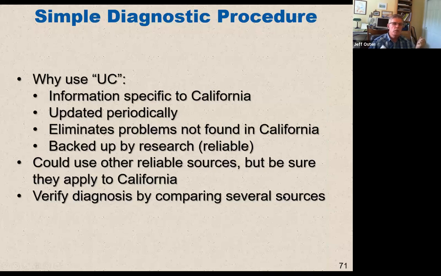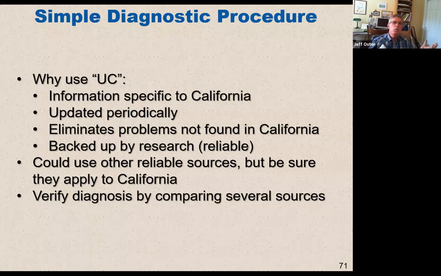So why use UC? Is it just because we're part of the University of California and we're kind of conceited, so we only make recommendations based on the University of California? No, not really. UC has information specific to California. It is updated periodically and it eliminates problems not found in California.